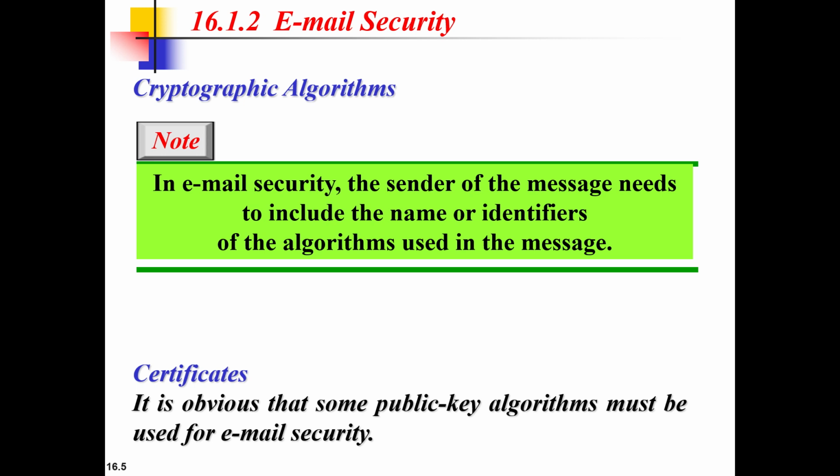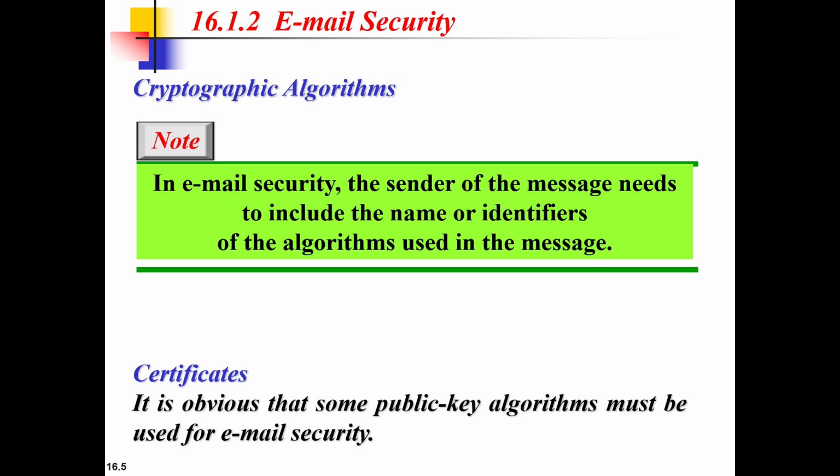When Alice sends a message to Bob, she sends the corresponding identifiers for triple DES and MD5 in her message. Bob receives this message and extracts the identifiers first. He then knows which algorithm to use for decryption, and which to use for hashing.